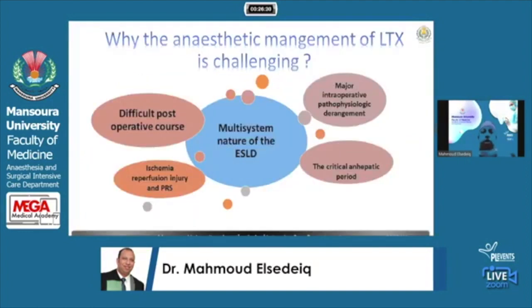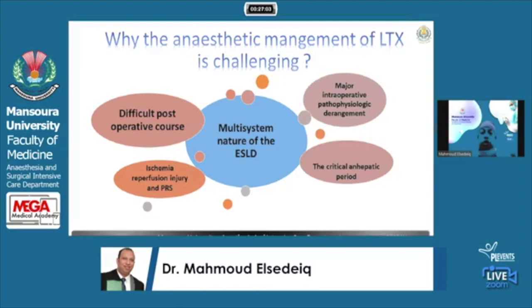Why is the anesthetic management of liver transplantation challenging? The multi-system nature of end-stage liver disease makes the anesthetic management of these recipients very challenging. End-stage liver disease affects multiple systems: the cardiovascular system with cirrhotic cardiomyopathy, the respiratory system with hepatopulmonary syndrome and portopulmonary hypertension, the renal system with hepatorenal syndrome, and coagulopathy, and it affects the metabolism of all drugs and toxins all over the body.